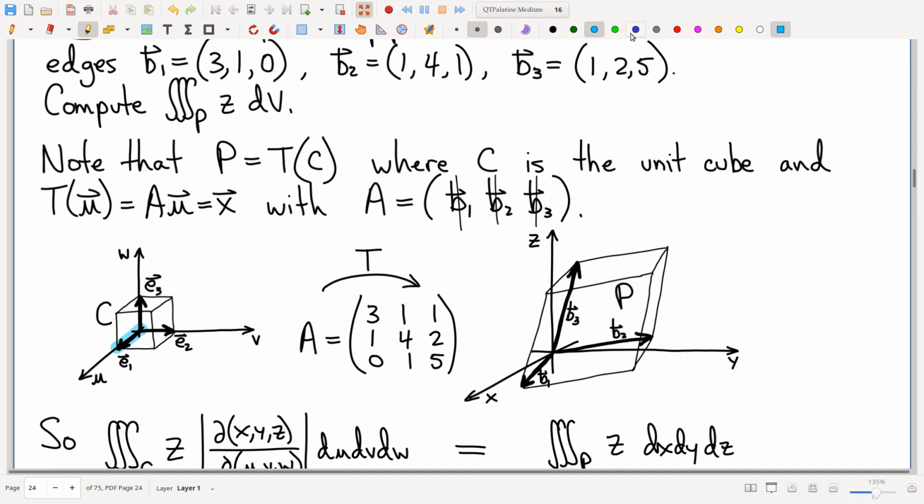Well, the image of e1 is going to be the first column of my matrix, right? Columns are the images of the standard basis vectors. That first column is that first vector, namely it's the first edge of this parallelepiped. And likewise, correspondingly for the other edges. And then by linearity, we win. So, totally awesome idea. Works perfectly.